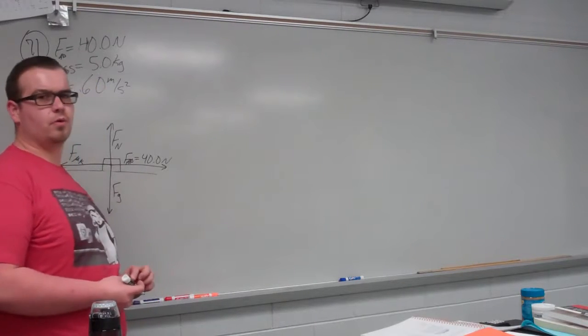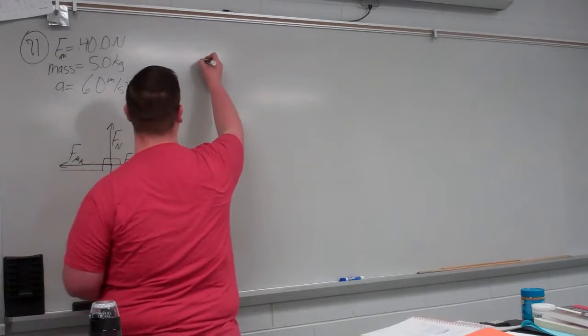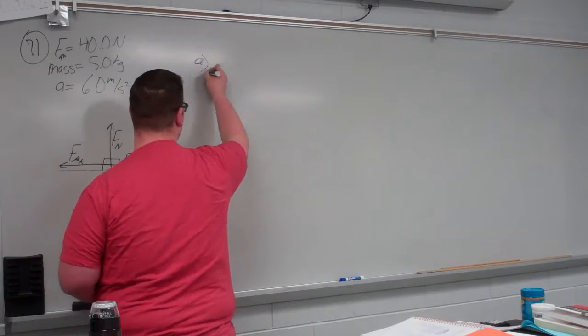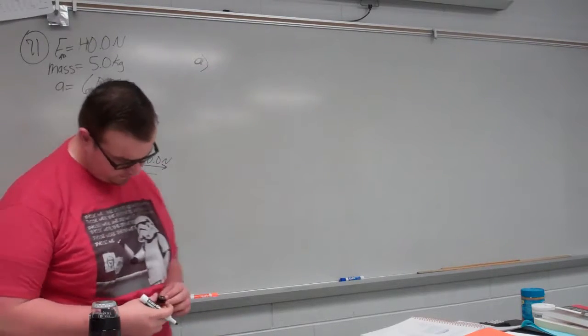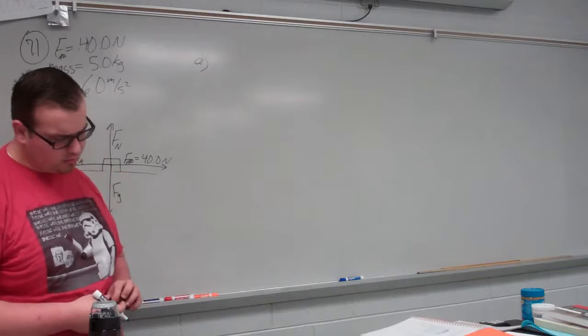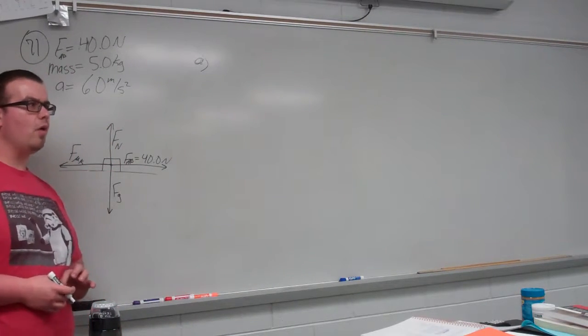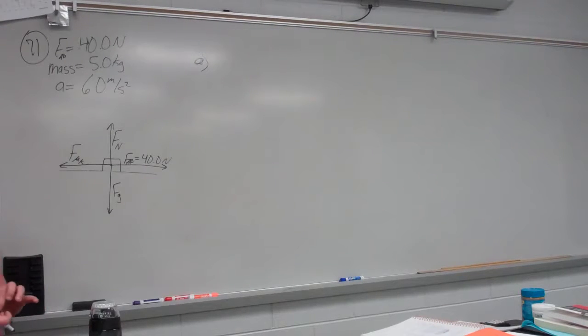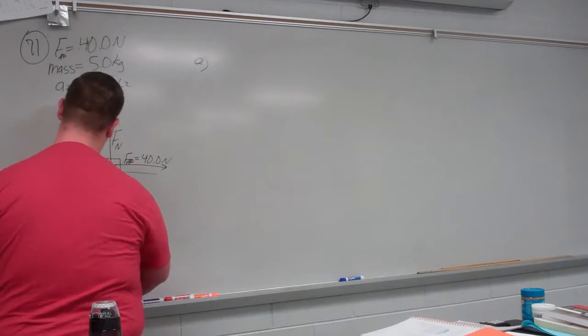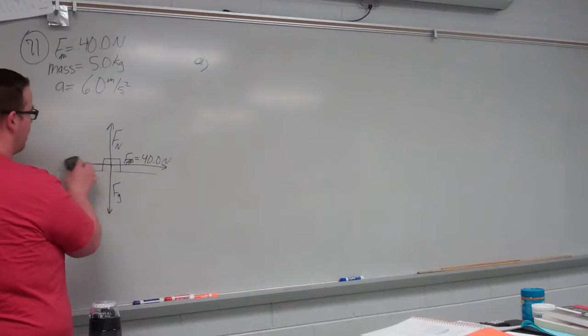Now we can start answering some questions. So let's go to Part A. Part A says, what would be the box's acceleration if the surface were frictionless? So I no longer have friction on the surface, so this force is now gone.